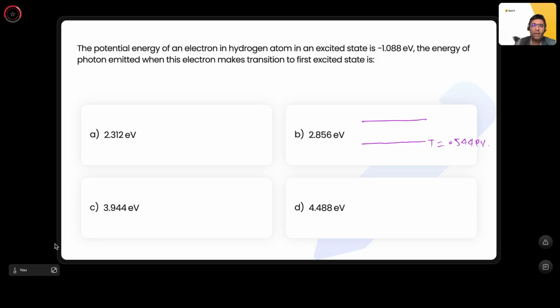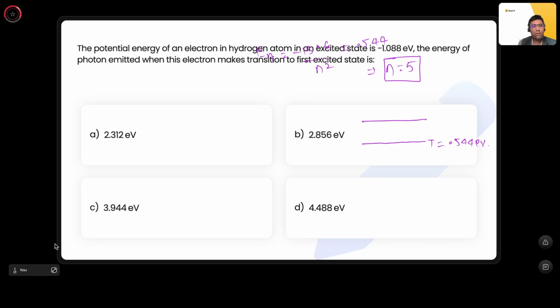And the energy in the nth orbit is minus 13.6 upon n square. So let's equate it to 0.544. If we solve it, the value of n comes out to be 5.